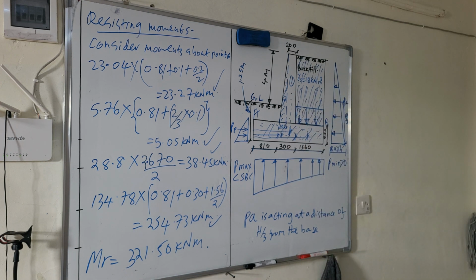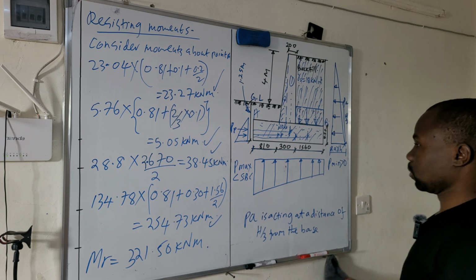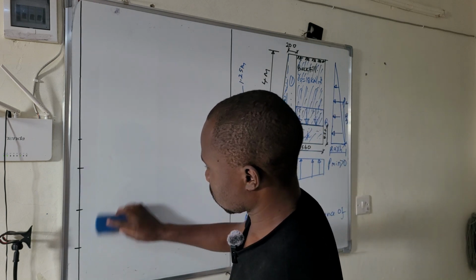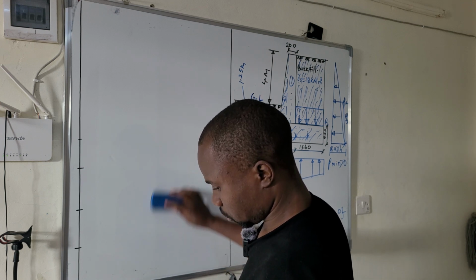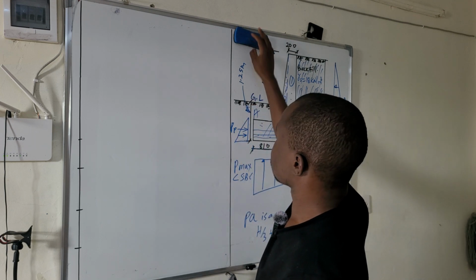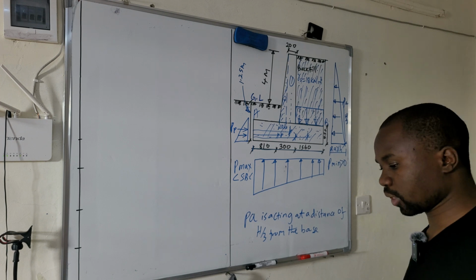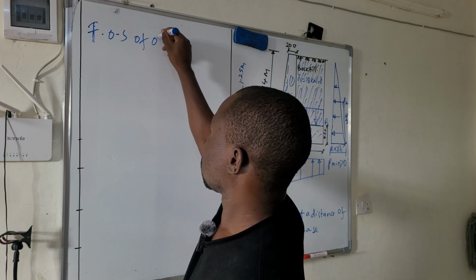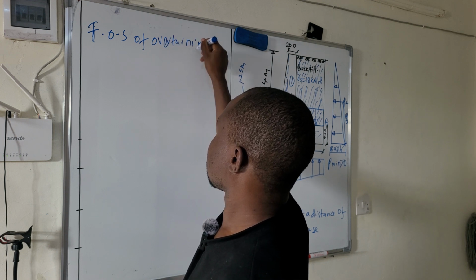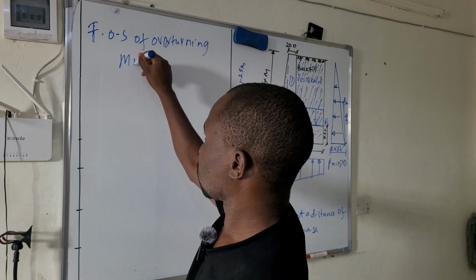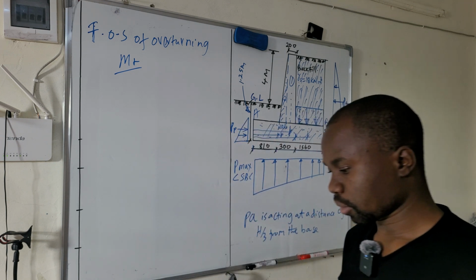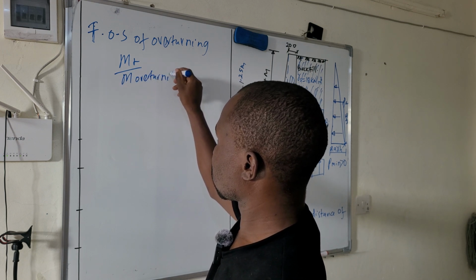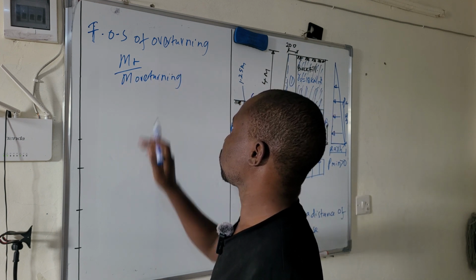So let's check for overturning. Factor of safety of overturning is given by moment of resistance over moment of overturning.